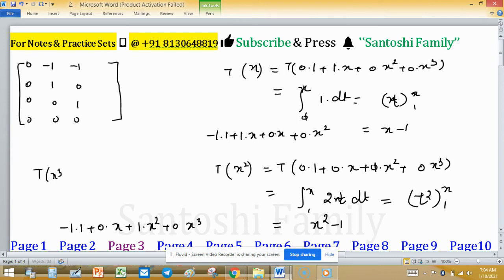And similarly, x cube will be 0 into 1 plus 0 into x plus 0 into x square plus 1 into x cube.